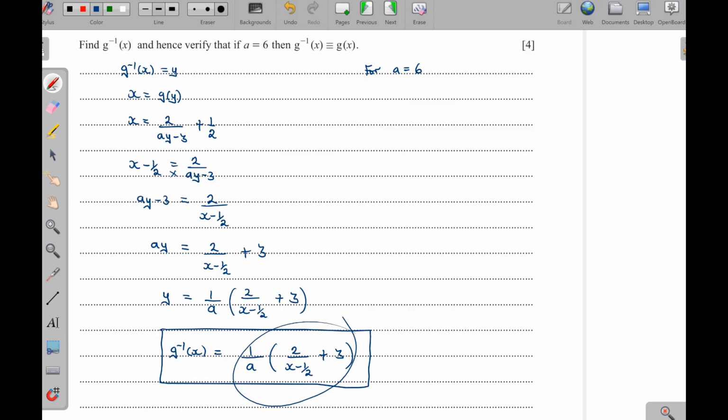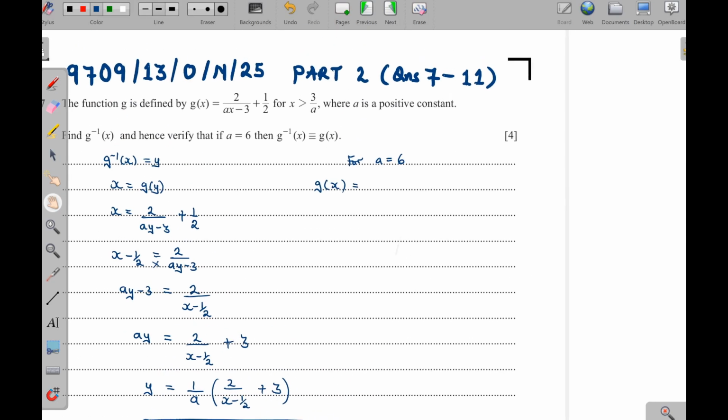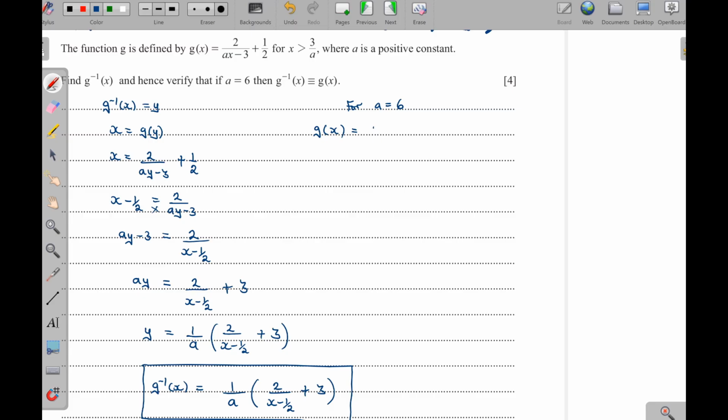Maybe first let us substitute in g of x. So what will be the g of x? This will be 2 out of 6, then times x minus 3, then plus 1 over 2. Maybe I'm going to make this one fraction, okay? One fraction. So we continue.